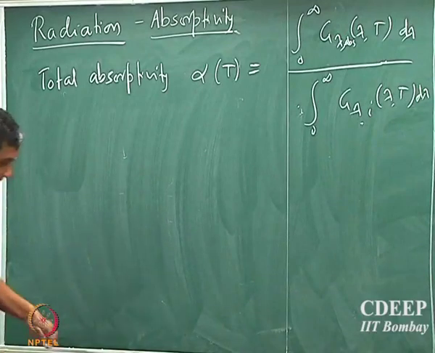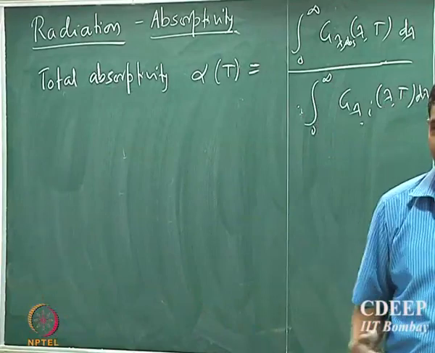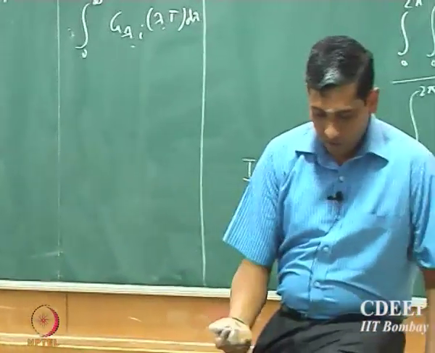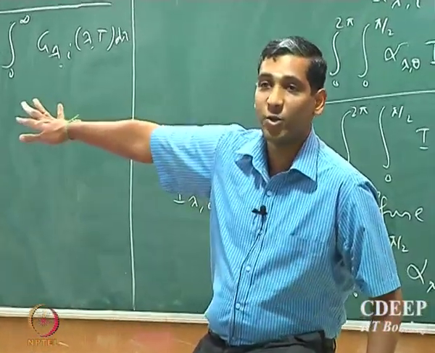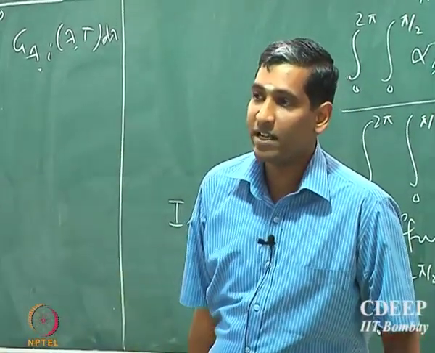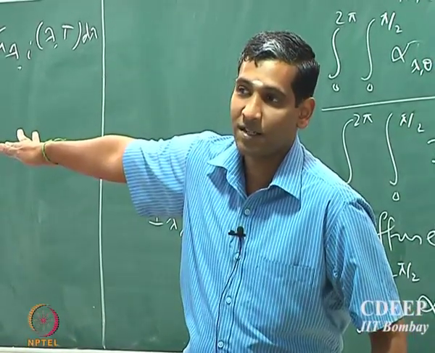I'm sure most of you would have practiced how to write these integrals and understand what they are, but you have to practice a lot more to get a feel of how to write these spectral hemispherical quantities, because any time you deal with any radiation problem, you're going to see this all over the place.